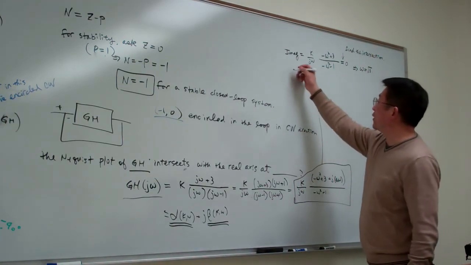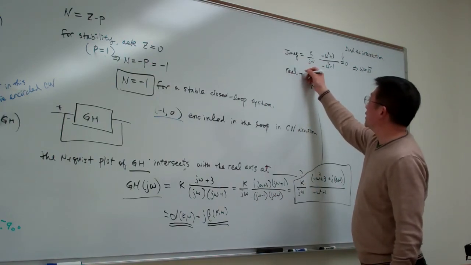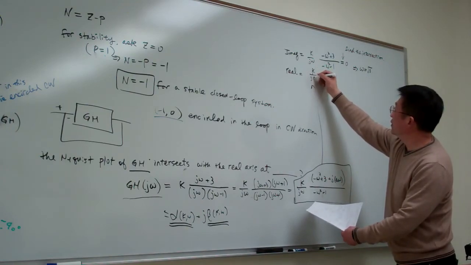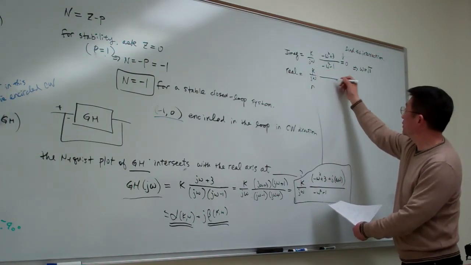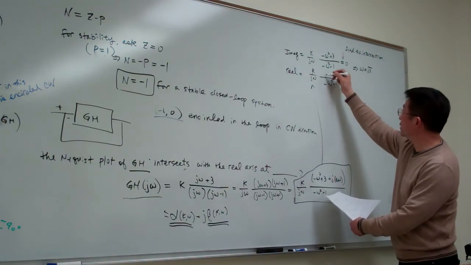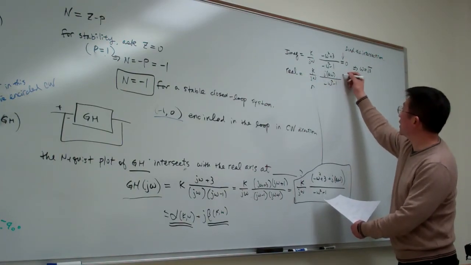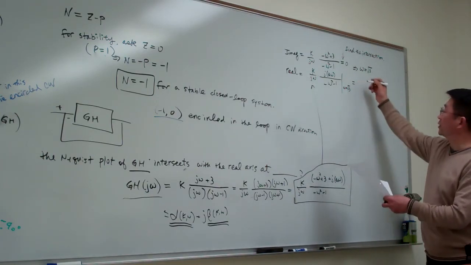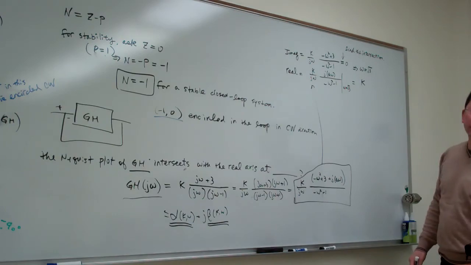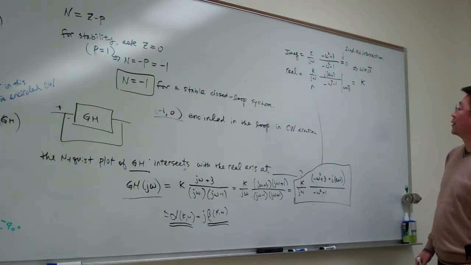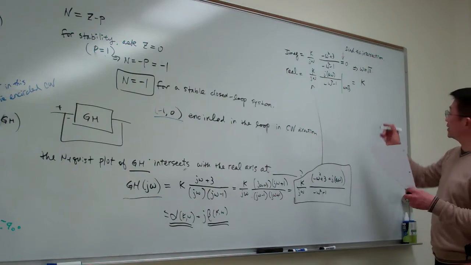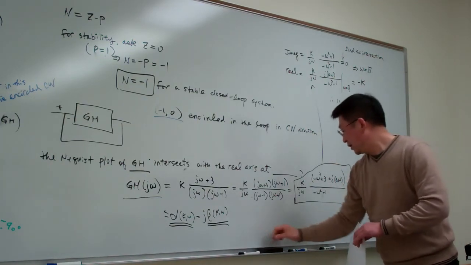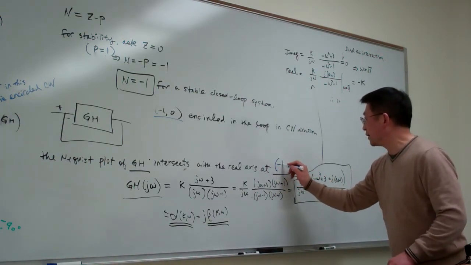Okay, so the real part is equal to K j omega times minus omega squared minus 1 over j4 omega, and you plug in omega equal to square root of 3. And that one will be equal to, minus K here, sorry. So therefore it intersects at minus K, 0.